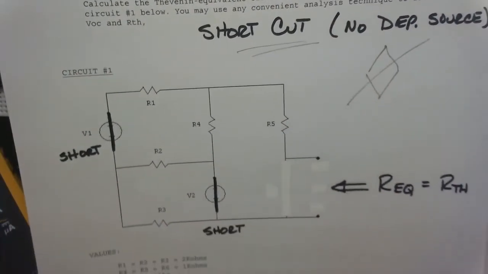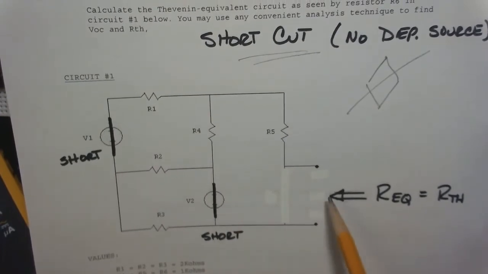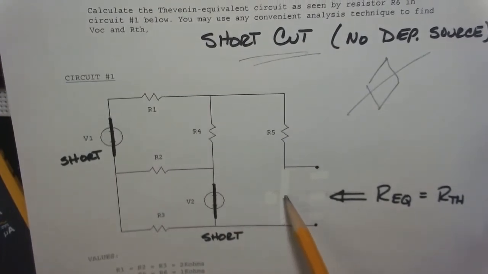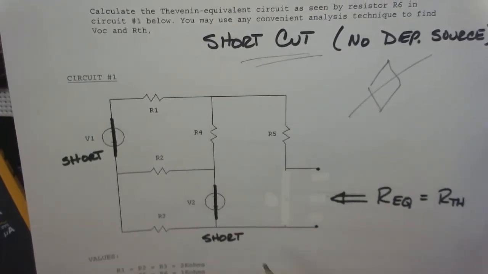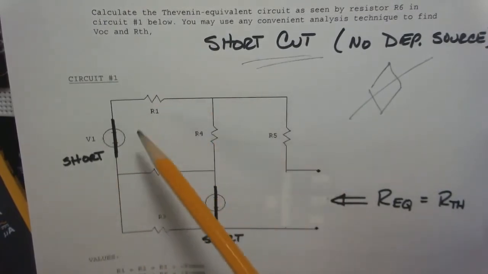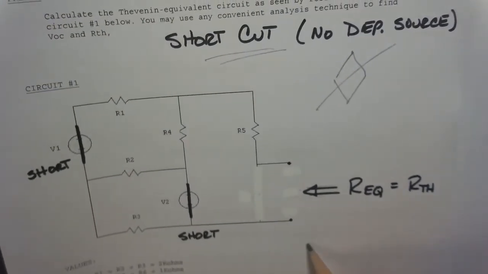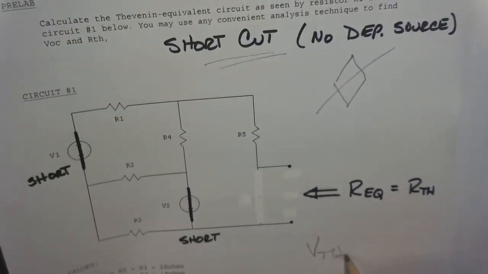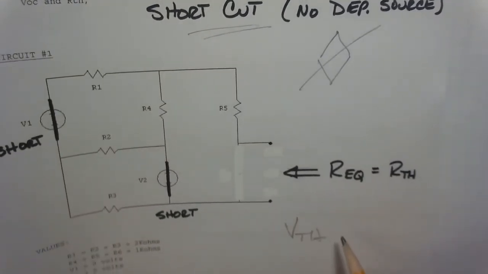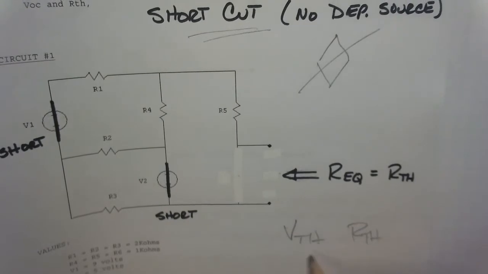So again, you're just going to short this out, short that out, look back into these terminals without the R6. R6 is not there. So look back into those terminals and now figure out the equivalent resistance for this. So those are two things that you will need. You'll need to come up with your Thevenin voltage, and you need to come up with your Thevenin resistance.